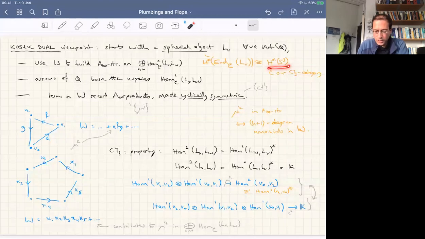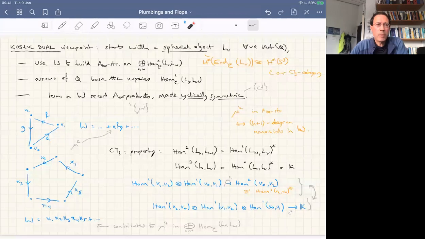If I take 2 different vertices V and W in my quiver, then the arrows from V to W give me a basis for the degree 1 homomorphisms from L_V to L_W. But if this is going to have a CY3 property, then the degree 2 morphisms from L_V to L_W should just be the degree 1 morphisms from L_W to L_V dual. Okay, and I know how many of these there are. It's based by the arrows from W to V.